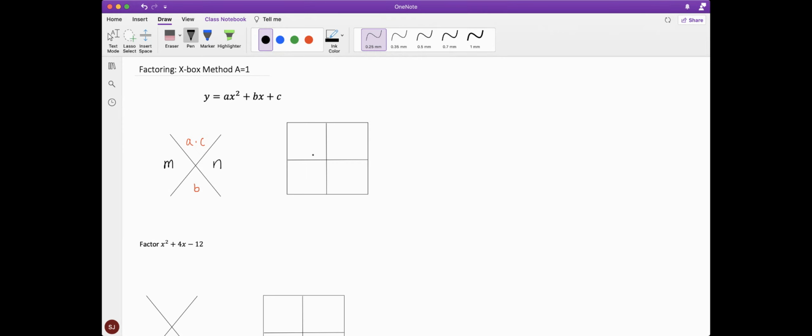And then you take it to the box, which is like the boxing method that we learned yesterday. In the very front of the box here, you're just gonna fill it in with whatever ax squared was, the first term in your polynomial. The very end corner, you're gonna fill with your constant at the end, your c.